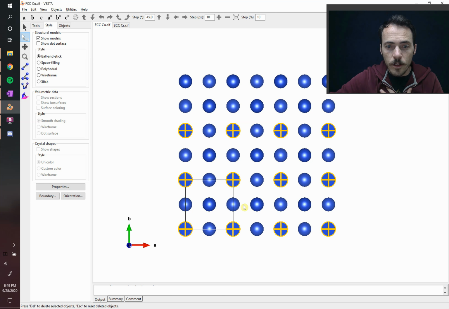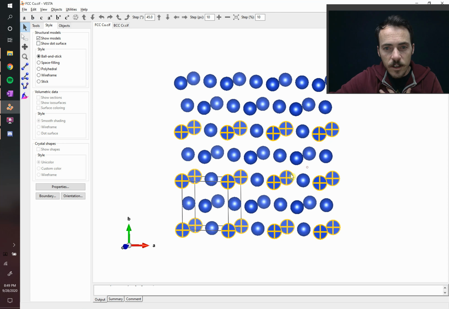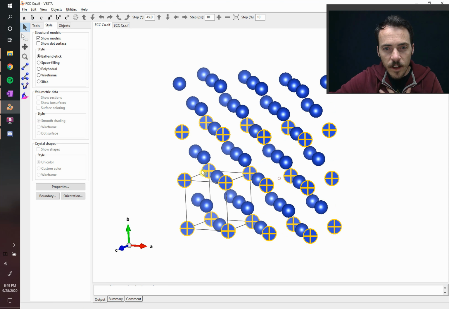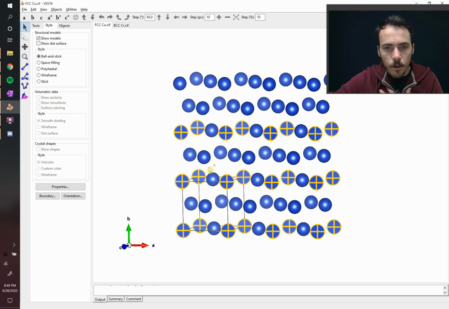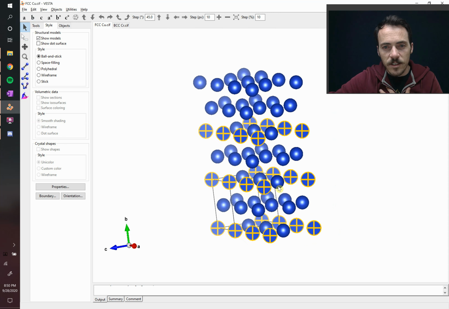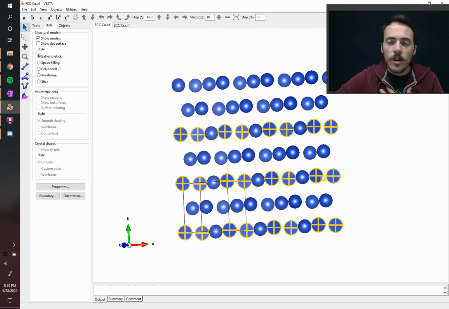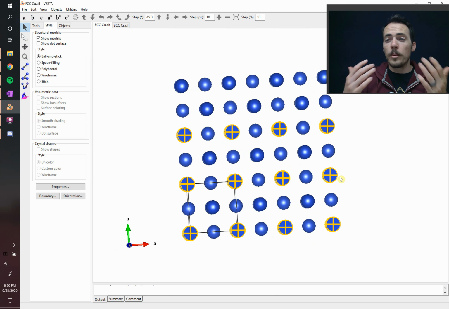You could draw another cube right there, and if these were the corners, these would be on the faces, right? This is a little harder to see, but see it there now? These 4 around it form a square with that one in the dead center of it. See how it's right in the center? So they're actually the same type of atom. It's arbitrary which one we choose to be the corner and the face. Okay?